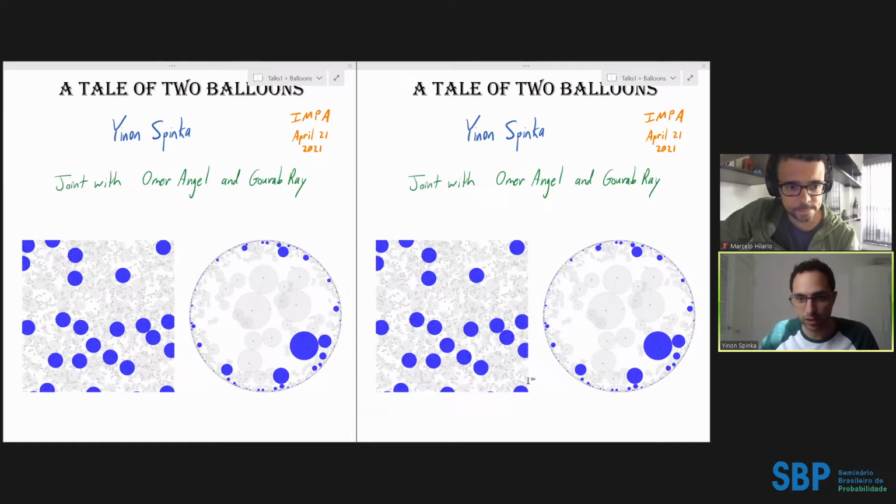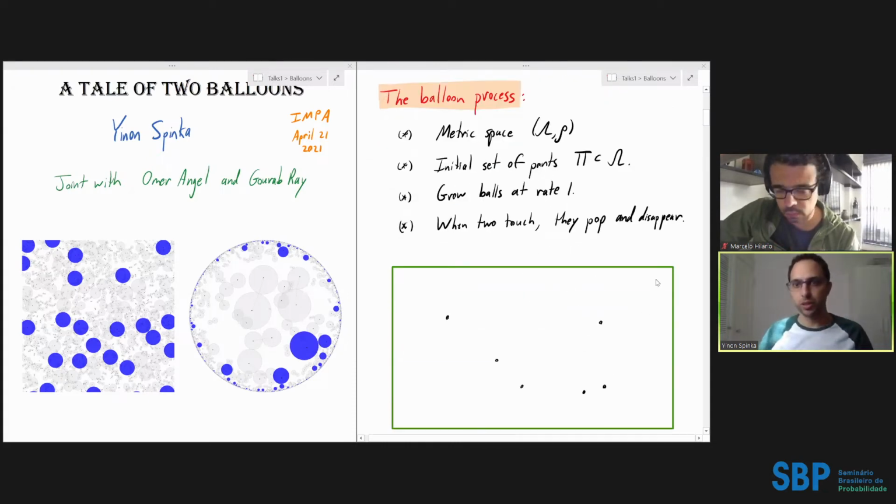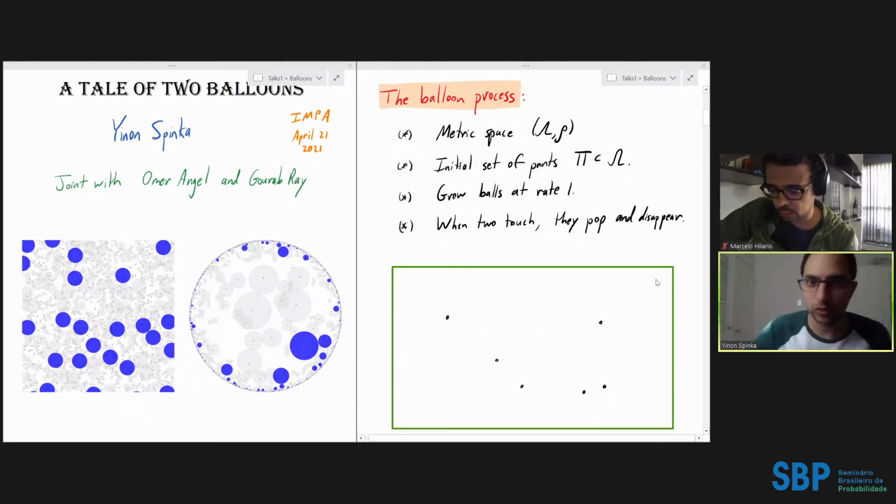You see here some pictures, which I'll explain a bit later. We call this the balloon process. In general, you have some metric space, omega rho, and you're given some initial set of points, which we'll call pi here.